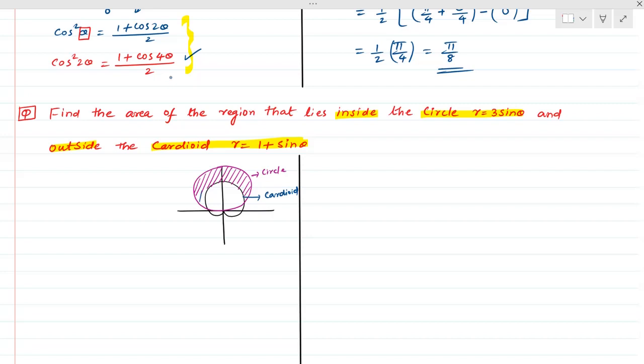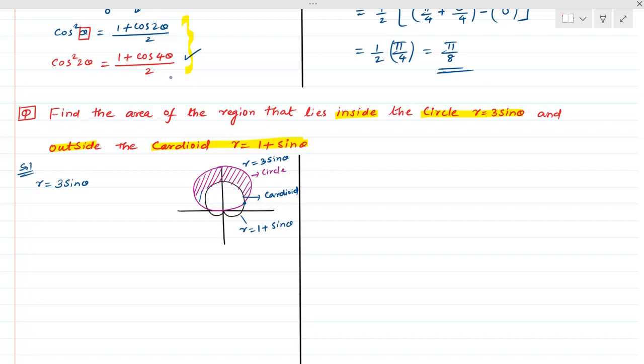So for that, we have to find the intersection point. So how will you find the intersection point here? The given question is r equal 3 sine theta, the circle. And this is the cardioid, which is r equal 1 plus sine theta.